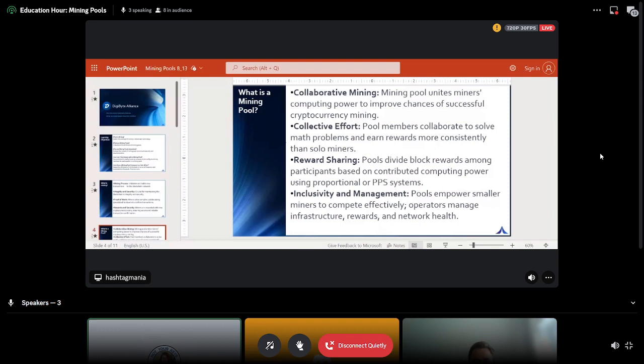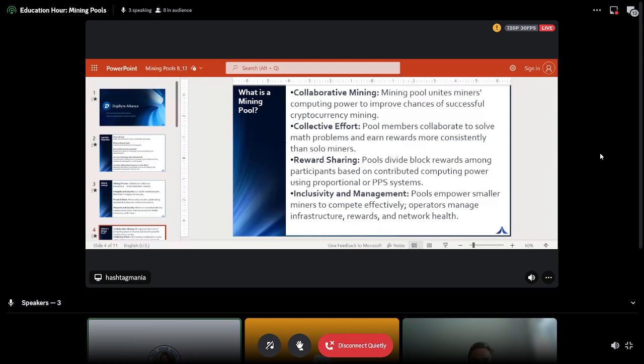We do have solo miners in the community too, and it's not to say those aren't good and powerful, and we celebrate with them every time they get a block and put it on Twitter. But not everybody has a ton of infrastructure, so being able to participate in a pool is just another option for people. That proportional or pay per share reward system is really key to being part of a pool.